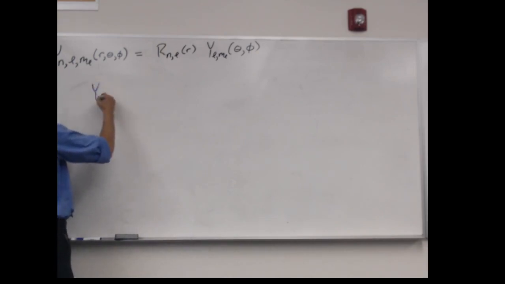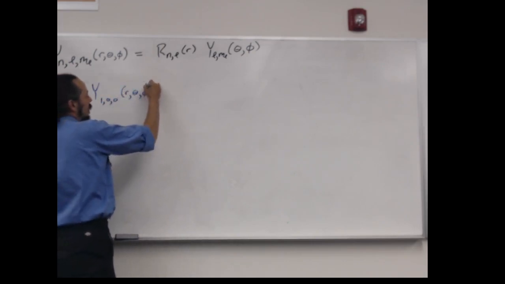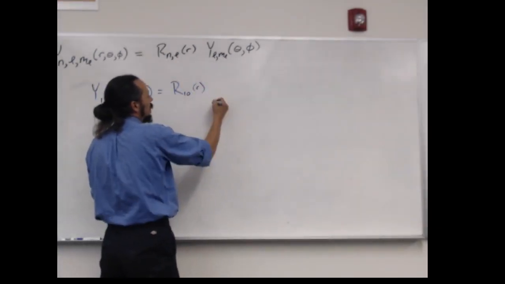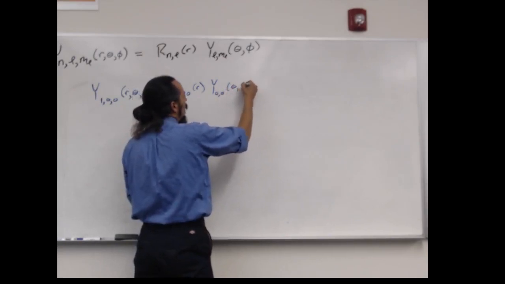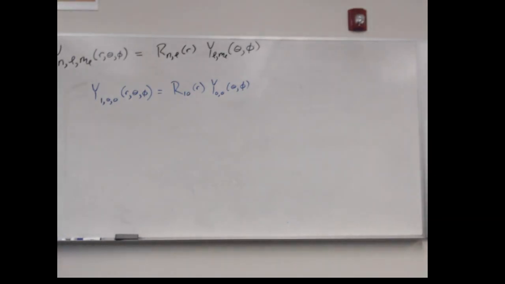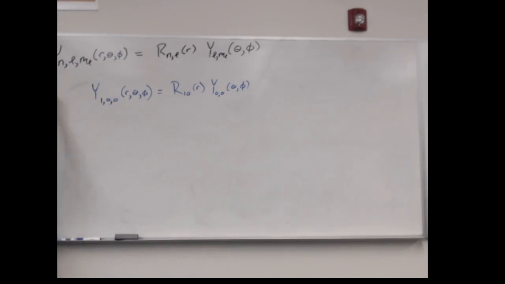That would be an R10 of r times a Y00 of theta and phi. And we want to come up with some shorthand for how we refer to this. We end up calling this a 1s.